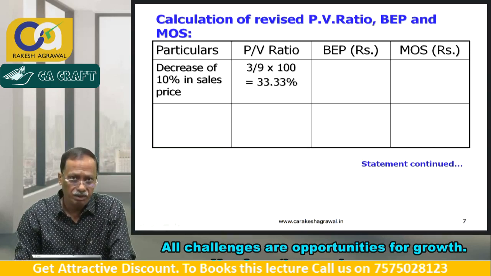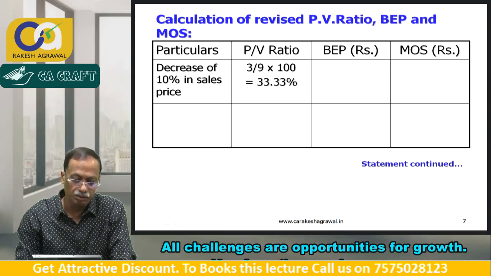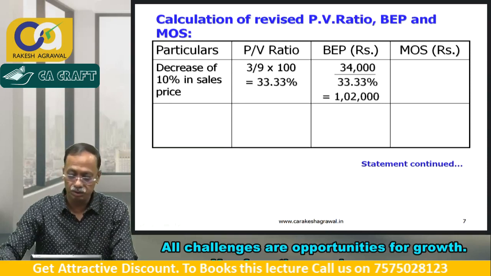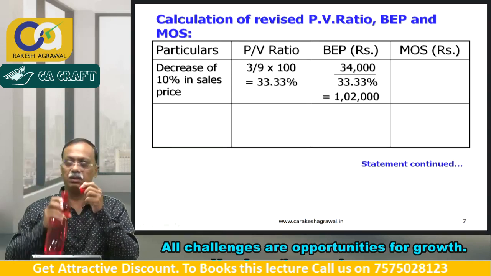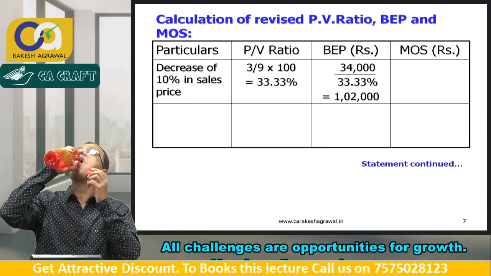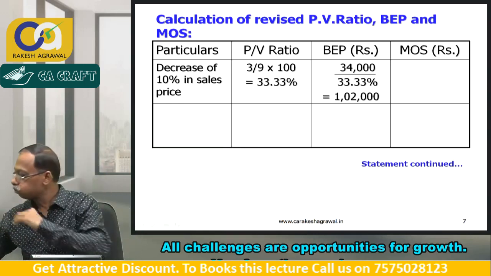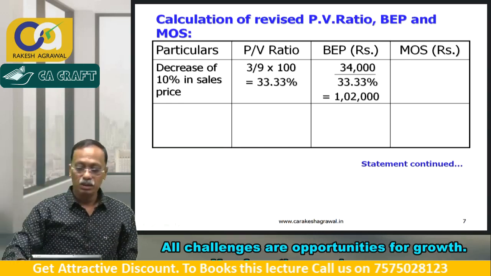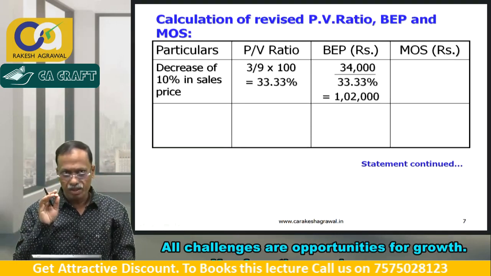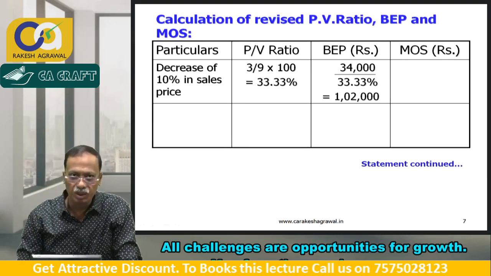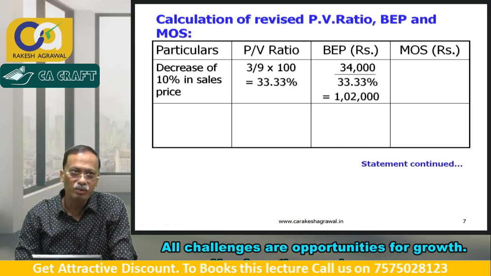Now how will we get BEP? Fixed cost upon PV ratio, and PV ratio has changed. So fixed cost 34,000 divided by 33.33%. The exact answer is rupees 1,02,000, but on a calculator you may get it in fraction.